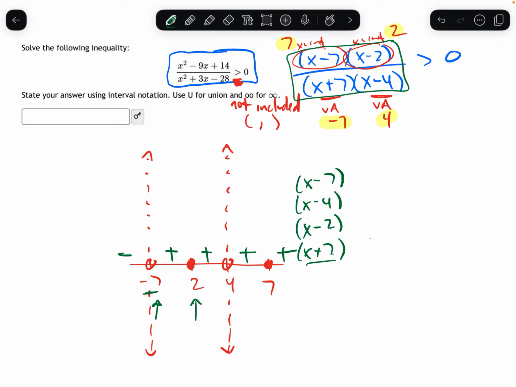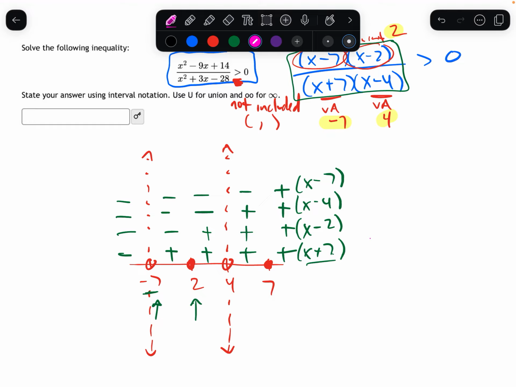Everything to the left of 2 is negative, everything to the right of 2 is positive. I just fill those signs in each of the intervals formed between the critical points. Everything to the left of 4 is negative, everything to the right is positive. Everything to the left of 7 is negative, and everything to the right is positive. I write them in this order because it's really easy to manage. You don't even have to think about it.